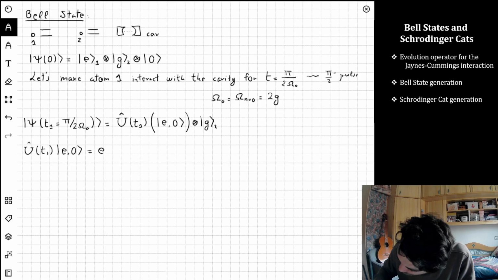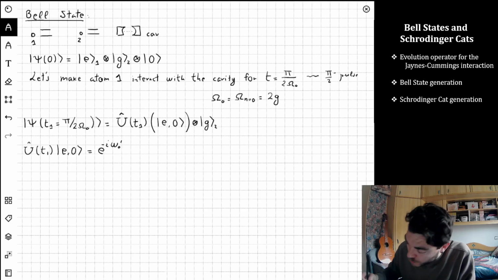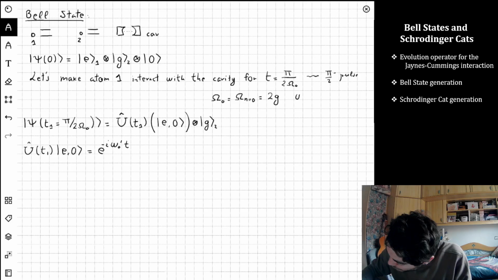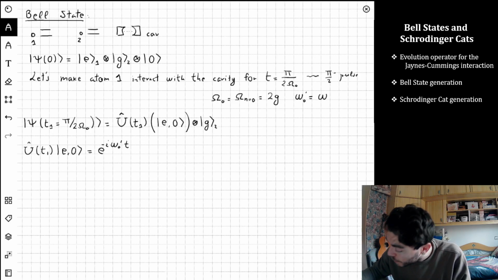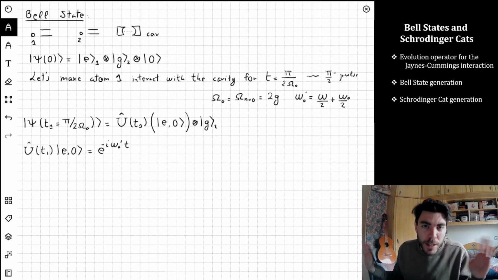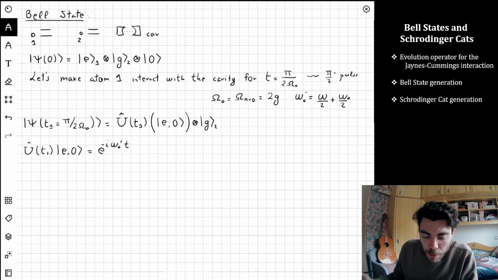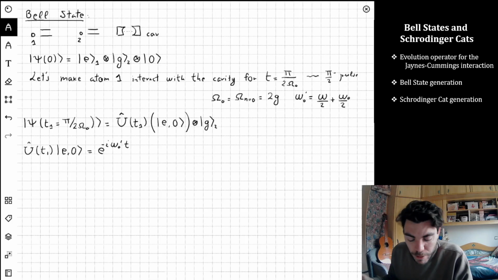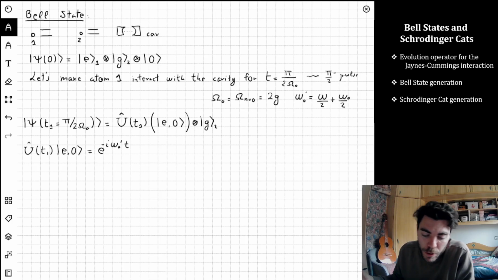You get e to the minus i omega 0 prime, where omega 0 prime is omega times n plus 1/2, but n is 0, so it's omega over 2 plus omega 0 over 2. This is omega 0 prime, as we define this. But as we will see, this is going to be a global phase factor, so it's not going to have any physical relevance.